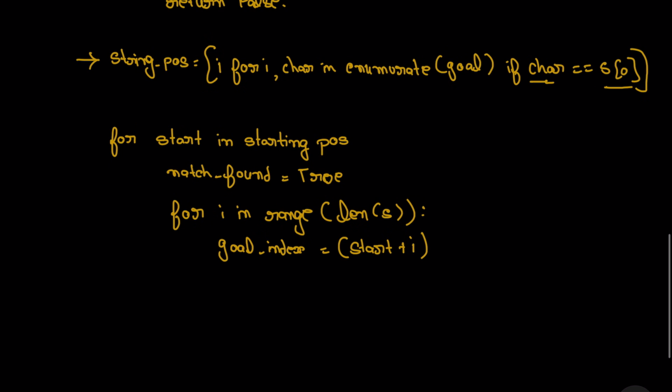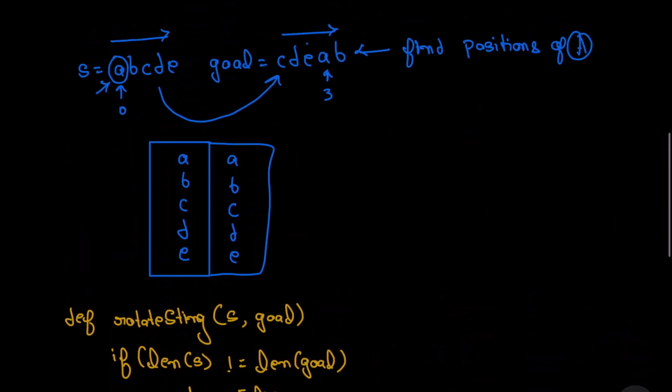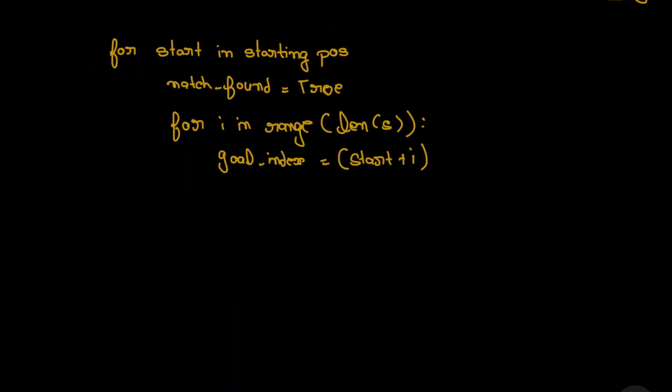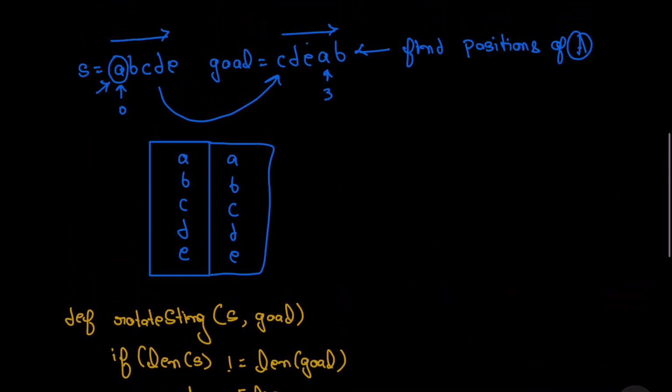Basically, if my starting position here, if you see, is 3, then when my S is at 0, I have to add 3 on top of it so that my goal can be at 3. But this is not enough. We need to do one more thing. We have to take a modulus on top of it, dividing by the length of the goal. We are doing this so that we can rotate our goal string.